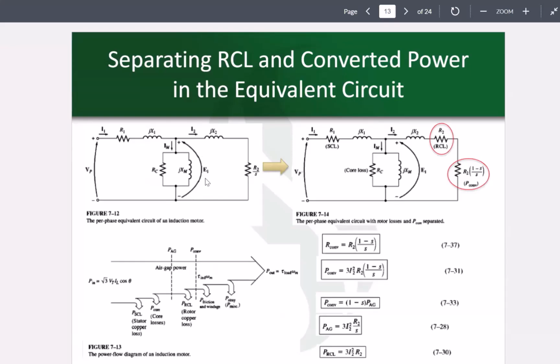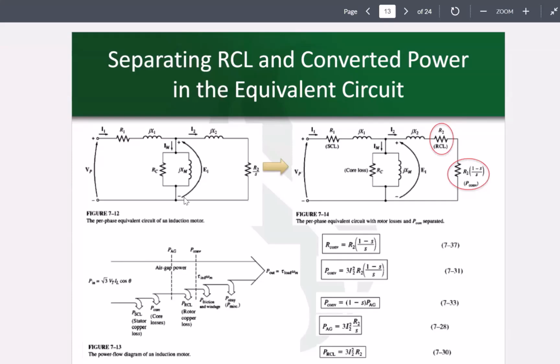This voltage, no matter how big or how small the load is, this current goes through R1 and X1 to create that voltage, okay? E1 voltage. This R1 and X1 are comparatively small with respect to, for example, RC and XM. Therefore, this voltage drop would be small.